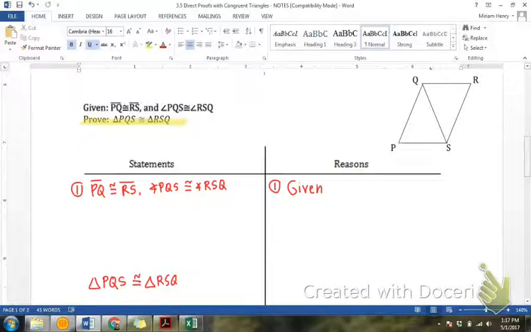So PQ is congruent to RS. Did they write that specifically in our proof? PQ congruent to RS. Do you guys see that specifically? It is in our given. Okay, so we don't have to write that again. And then angle PQS. So make sure you follow correctly. P to Q to S is that top one.